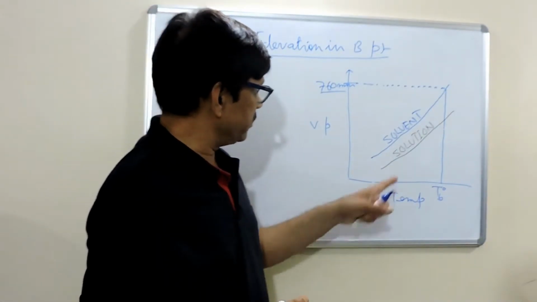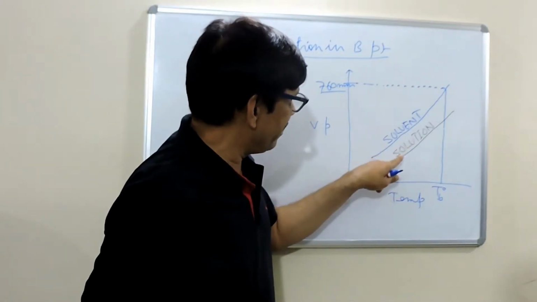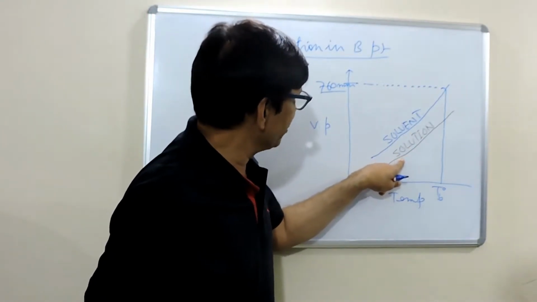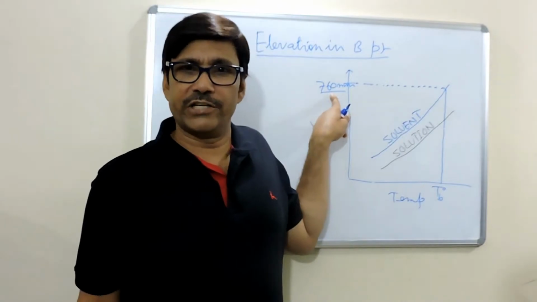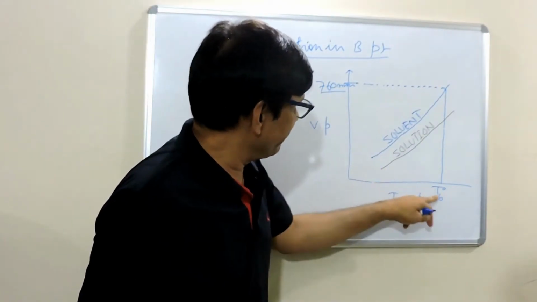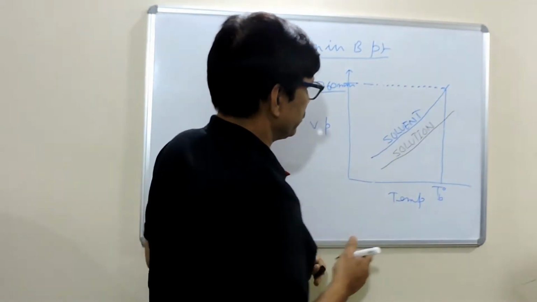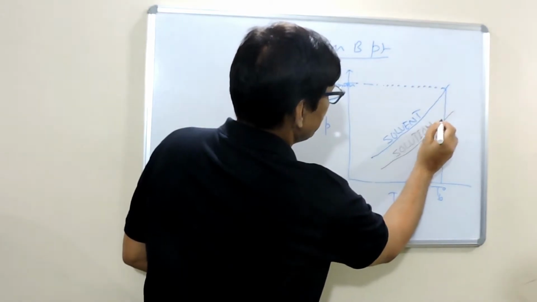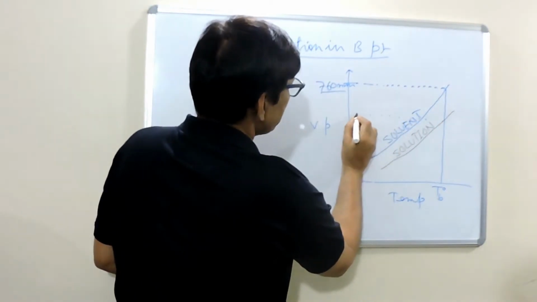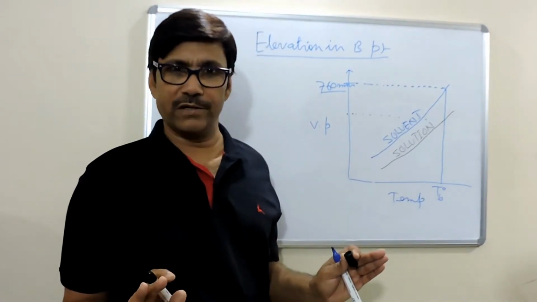So again, this solution will also boil only when its vapor pressure becomes equal to 760, that is 1 atmospheric pressure. Now what you find from here, at TB naught, the vapor pressure of solution is below 760. So definitely it will not boil at this temperature.